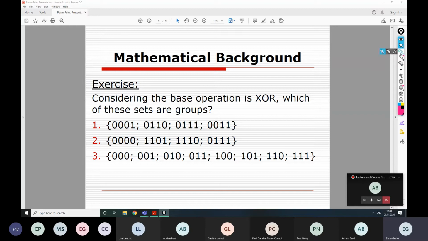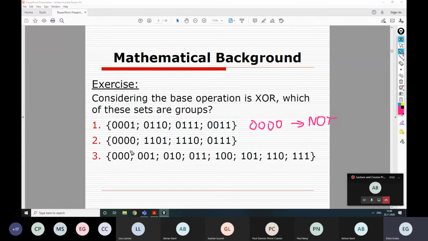So the first candidate doesn't include the unity element. It must include 0, 0, 0 in order to be a group. Well, the second condition doesn't hold here, so this is not a group.